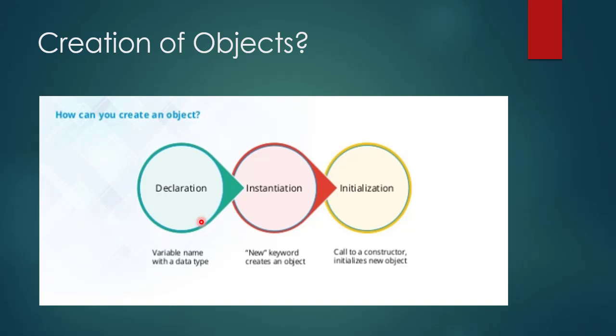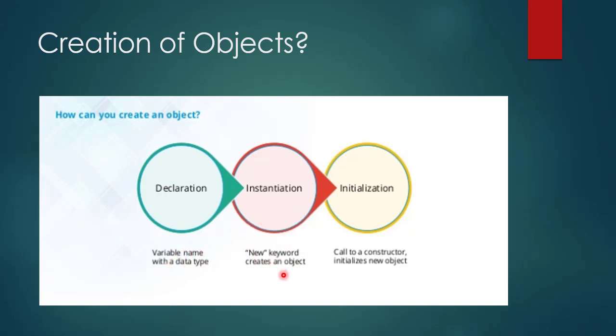If you want to declare an object, for example color, you have to mention the data type as well, for example String color, or if you want to represent a number, int a, x and y. So during declaration you have to mention two things: one is the variable name and the other one is the data type.